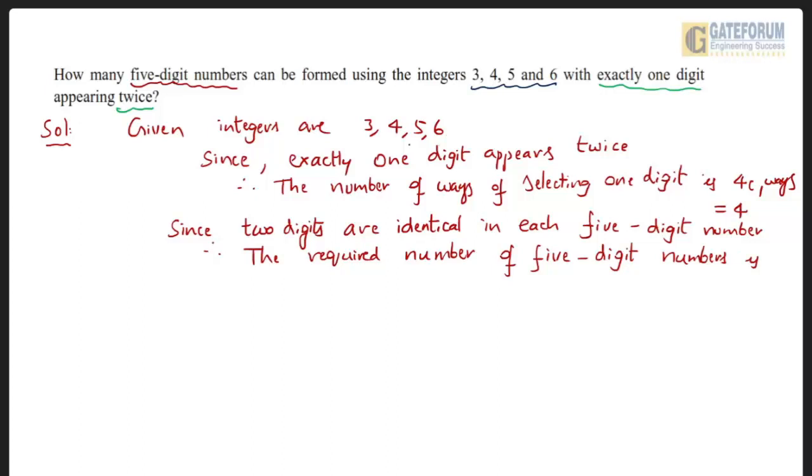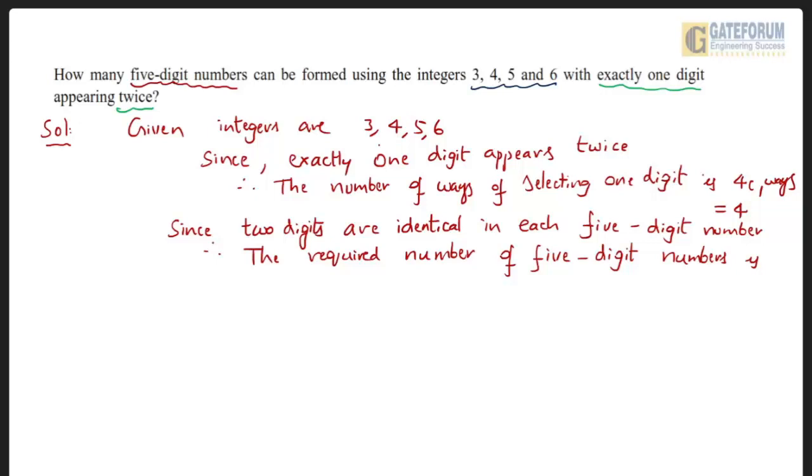So this is a result related to the number of permutations of n objects where 2 objects are alike, which is n factorial by 2 factorial ways. The number of permutations of n objects such that A objects are alike of one kind, B objects are alike of second kind can be done in n factorial by A factorial, B factorial, the rest are all distinct.